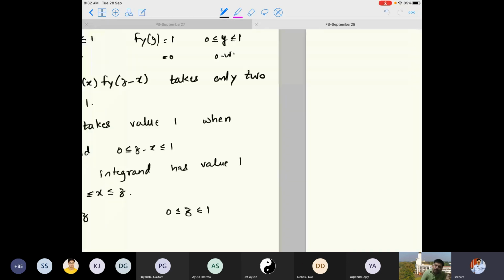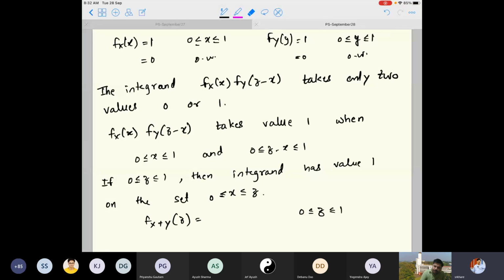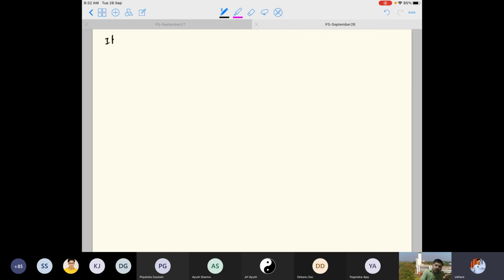If you want, I can write this down. Integral 0 to z of 1 dz is equal to z for 0 less than or equal to z less than or equal to 1, right? This is what will happen. And if I take z such that 1 less than z less than or equal to 2, then the integrand has value 1 on the set z minus 1 less than or equal to x less than or equal to 1.